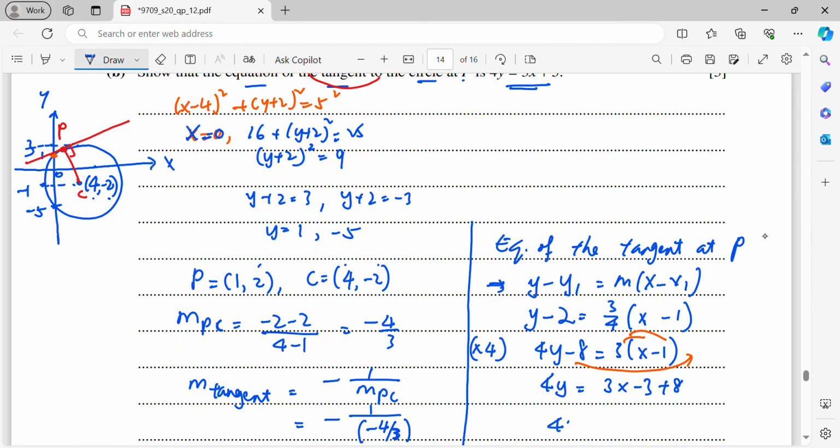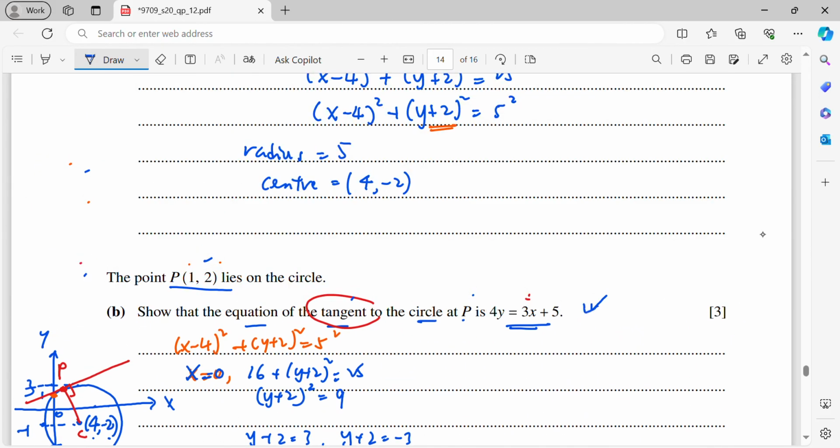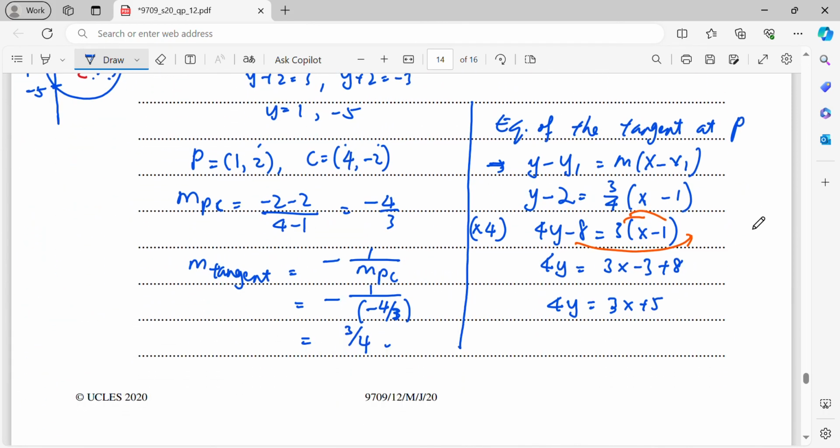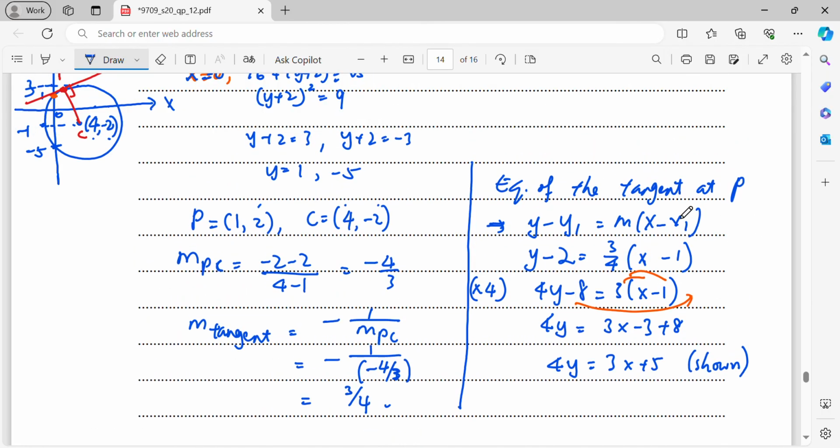So I will get 4y equals 3x plus 5. That is the given answer. So shown. This is my working.